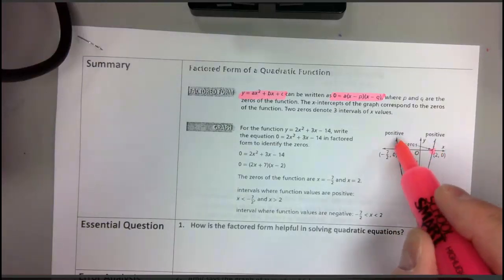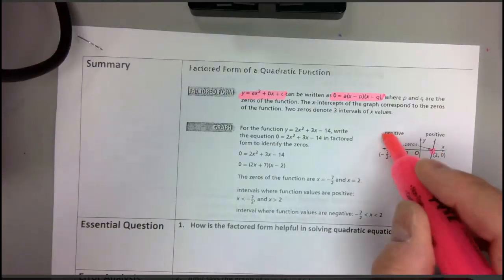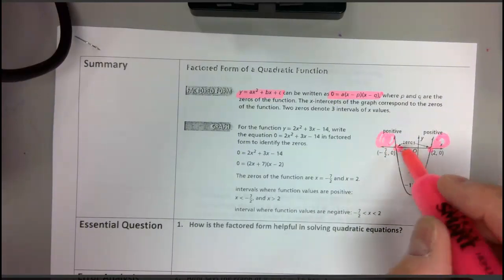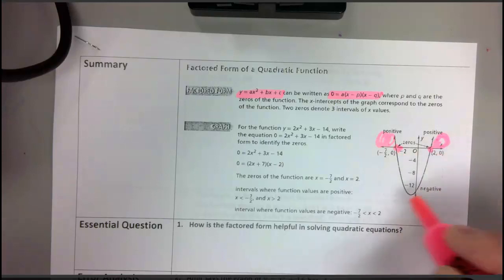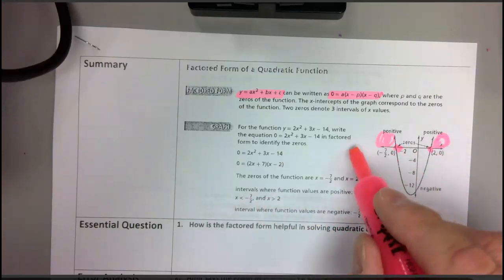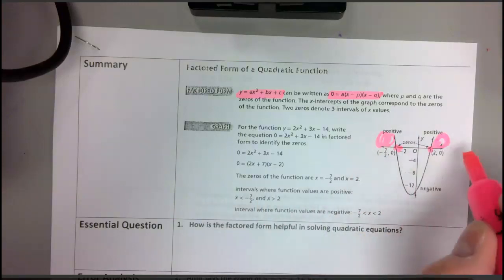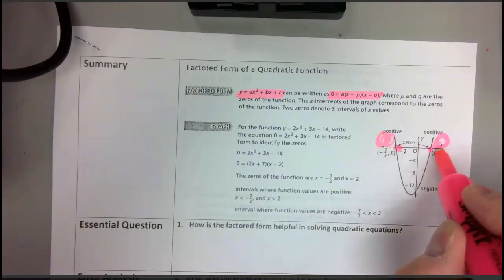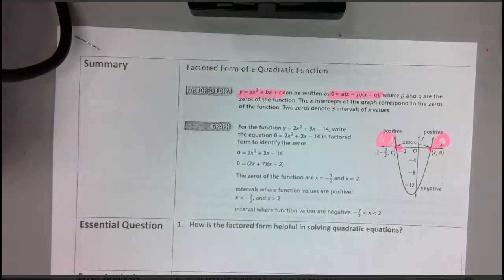And it's positive everything out here and everything out here, isn't it? And it's negative everything down in this area. So the function is positive from negative infinity to negative 7 halves and from 2 to positive infinity. It's negative between negative 7 halves and 2, which is down here. That's what we've done so far.